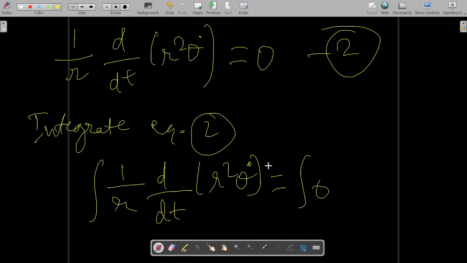So we will integrate with respect to time. It will look like this, plus c. After we integrate this, clearly t is the variable, so 1 by r will be a constant. And the integration of this thing will be your r square theta dot. So what do you get after integration with respect to t?